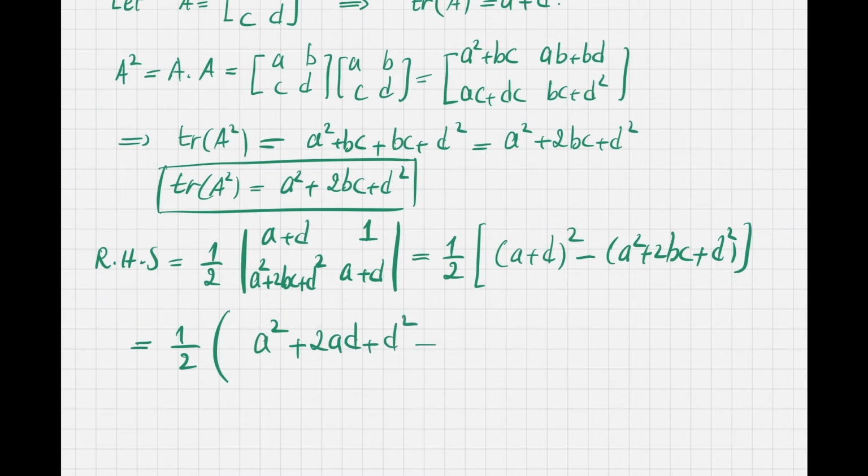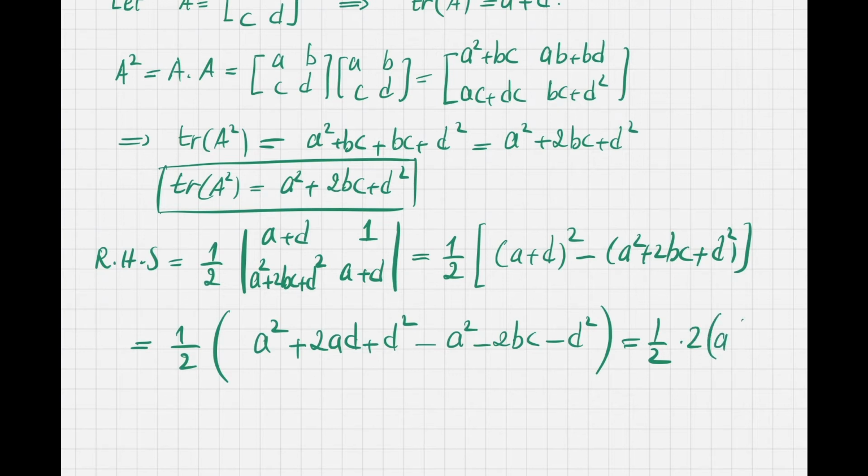And then I apply the minus sign inside the bracket. So it becomes negative A squared minus 2BC minus D squared. And then you see that this A squared and that one are cancelled. This one and this one is also cancelled. So then I have 1/2, and I can factor a 2 out, yes?